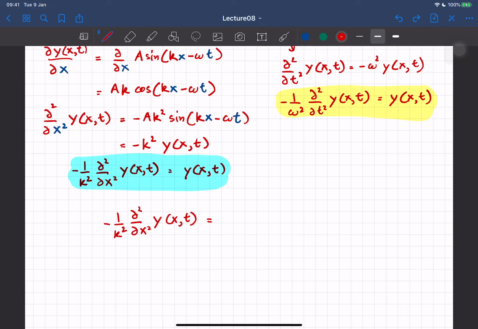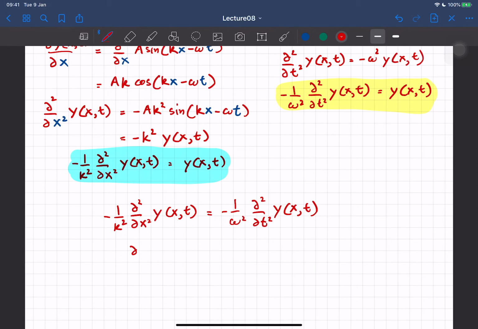So I can write 1 over omega squared d^2/dt^2, the second time derivative of y(x,t), like this. Okay, and then tidying this equation a little bit with the minus sign cancelling out, so I have this.